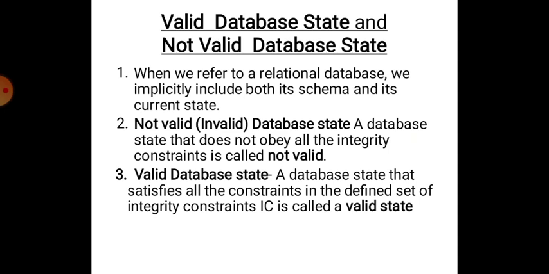Point number 2. Not valid, that is invalid database state. A database state that does not obey all the integrity constraints is called not valid. Next, valid database state. A database state that satisfies all the constraints in the defined set of integrity constraints is called a valid state.